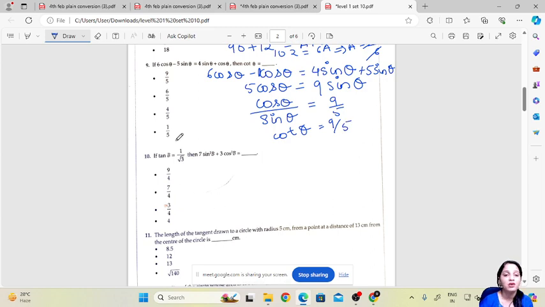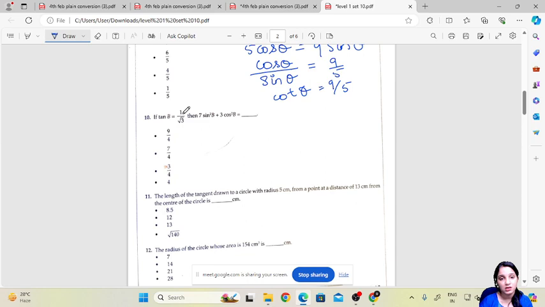Then tan of b is 1 upon root 3. Then 7 sin square b plus 3 cos square b is what they have asked. Okay, now tan of which angle is 1 upon root 3? Tan of 30 degree is 1 upon root 3. So your b is 30 degree. So 7 into sin square 30 degree, which is (1 upon 2) the whole square, plus 3 into cos square, which is (root 3 upon 2) the whole square.